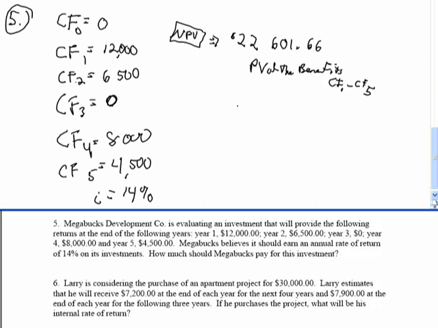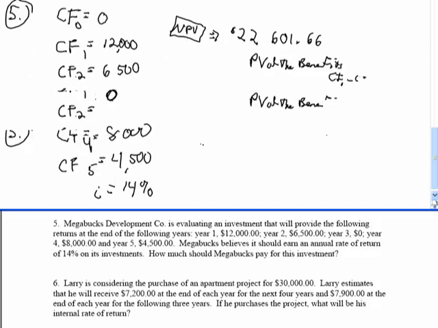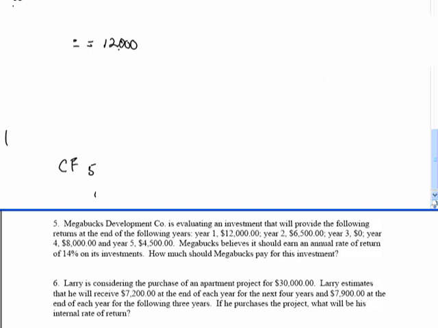So let's clear your cash flow menu, and I'm going to clear out some space to work with. How about some new space? And this is problem number 6.